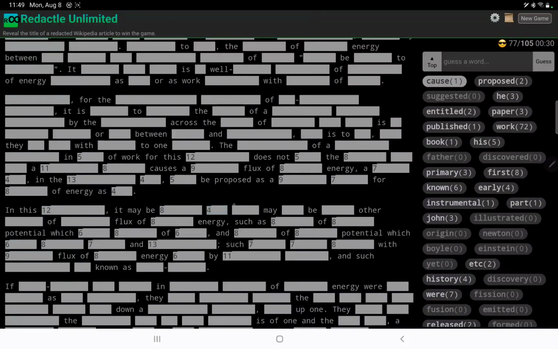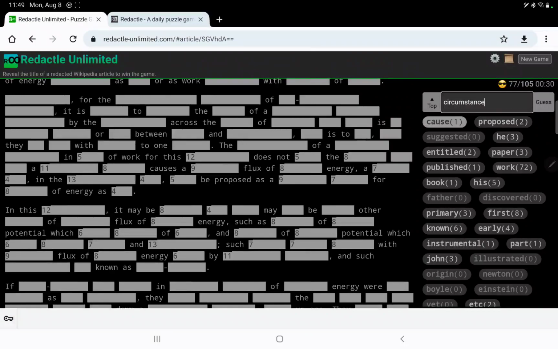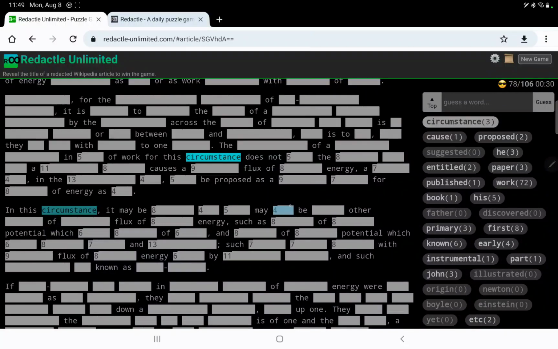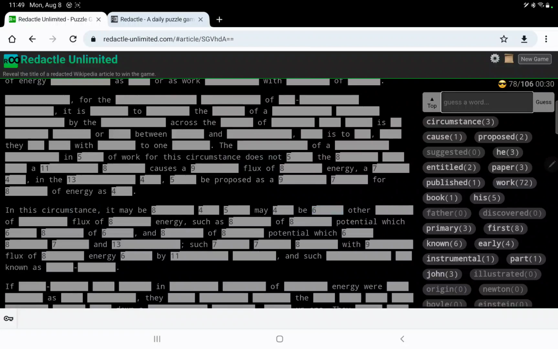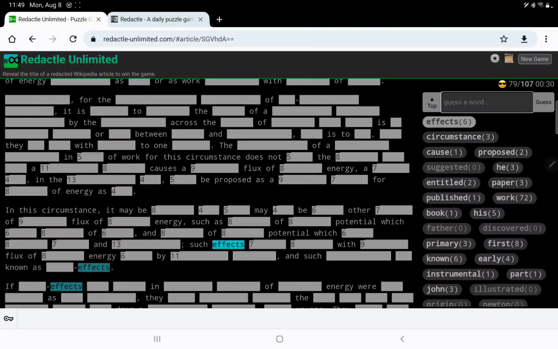In this maybe circumstance singular, yes, it may be 8, 4, 4, 5, may then, may something be 6, other something, other effects. Well, we do have effects down below.